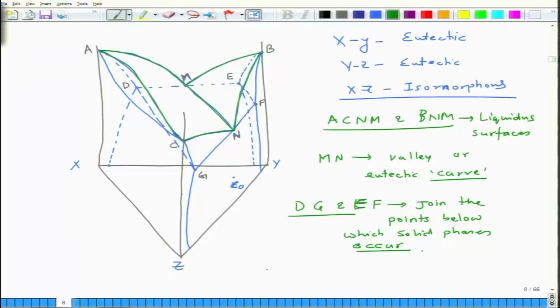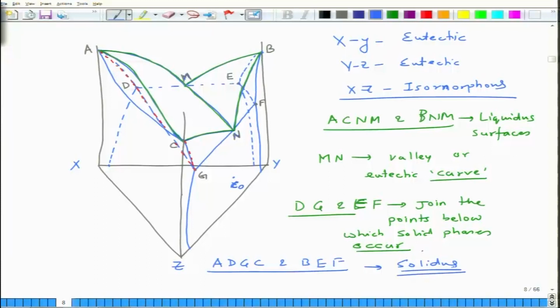They join the compositions, and then another surface that you have is ADGC, and another surface you have is BEF, on the other side. These are the surfaces which form the solidus.